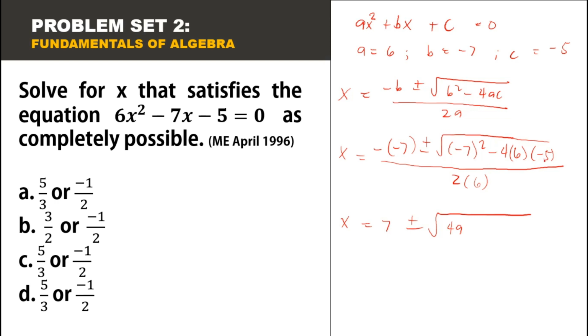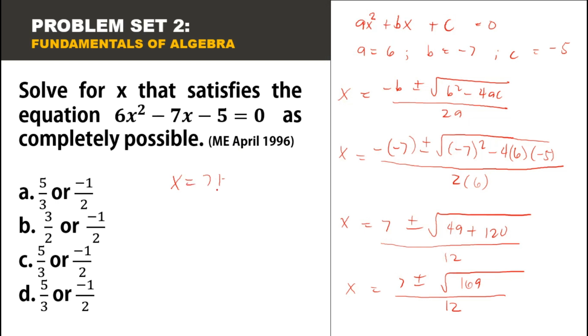Negative times negative is positive, so plus 120, over 2 times 6, that is 12. So x equals 7 plus or minus the square root of 169, over 12. The square root of 169 is 13. So x equals 7 plus or minus 13 over 12.